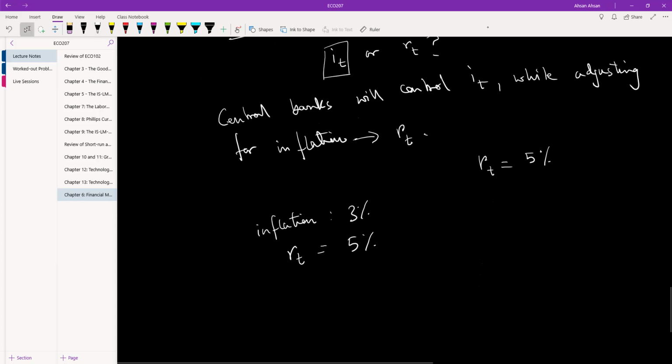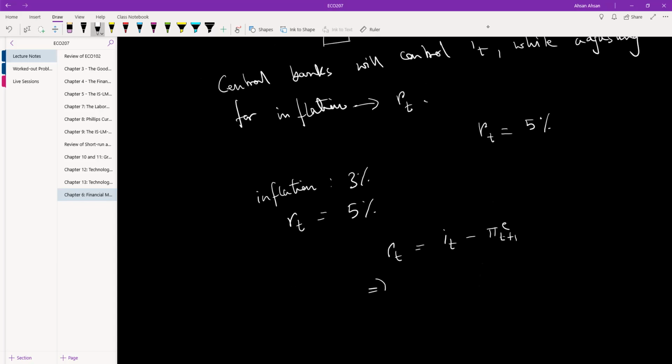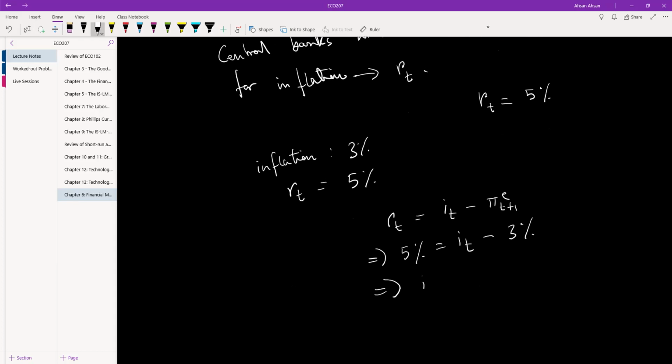So let's bring down the equation we had. We saw that r_t is equal to i_t minus pi_{t+1}^e. So let's fill in these things. The central bank wants this to be 5%, and they know that this is going to be 3%. So as a result, they will set i_t equal to 8%. Although the central bank doesn't really care about i_t being 8%, 9%, 10%, it doesn't matter to them.